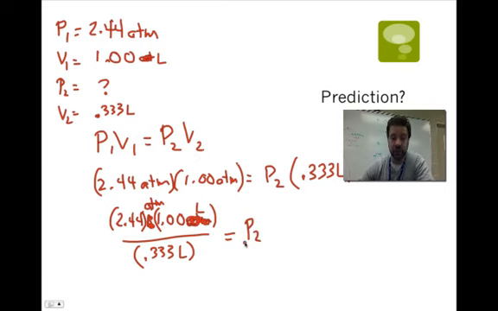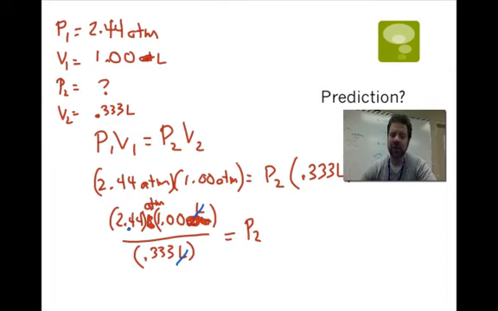So in this case, why I decided to put my units back in was because I want to be able to cross-cancel units and be left with the appropriate unit. I made a decision midway through my problem. It's probably a better idea to leave those variables in there. So here are like variables: a liter divided by a liter gets cross-canceled.